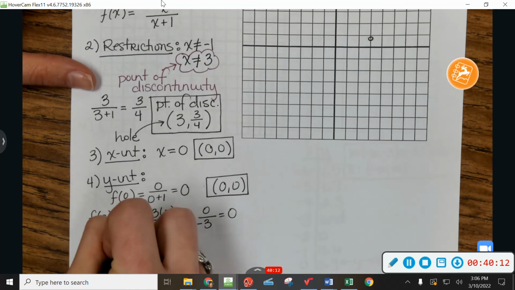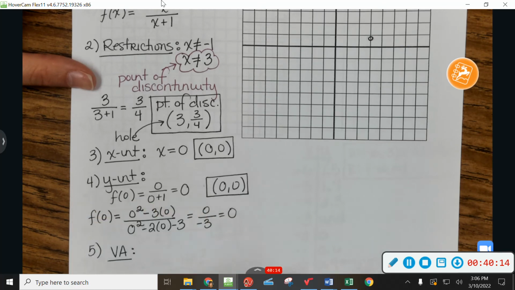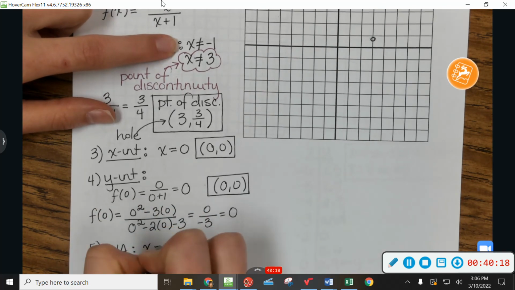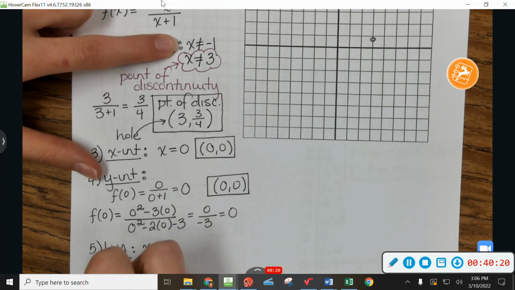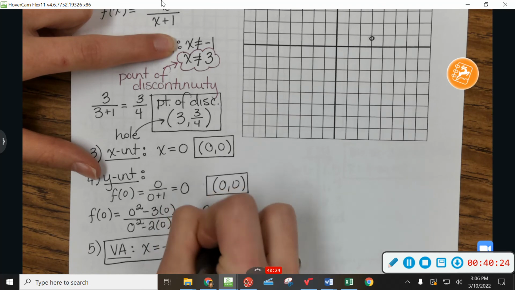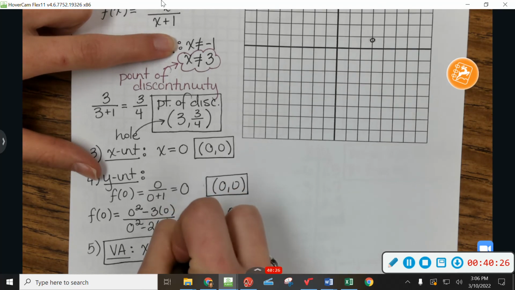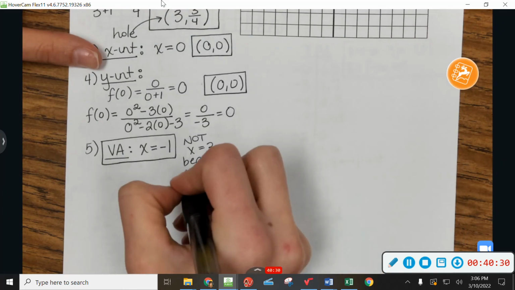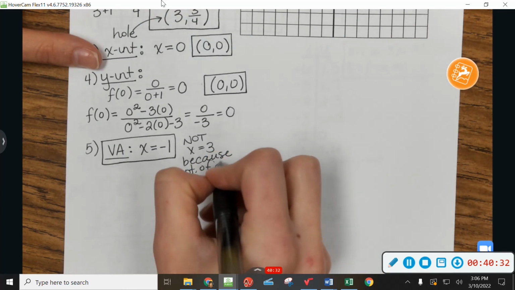So my vertical asymptote is going to be x equals negative 1. It is not going to be x equals 3 because that's a point of discontinuity.